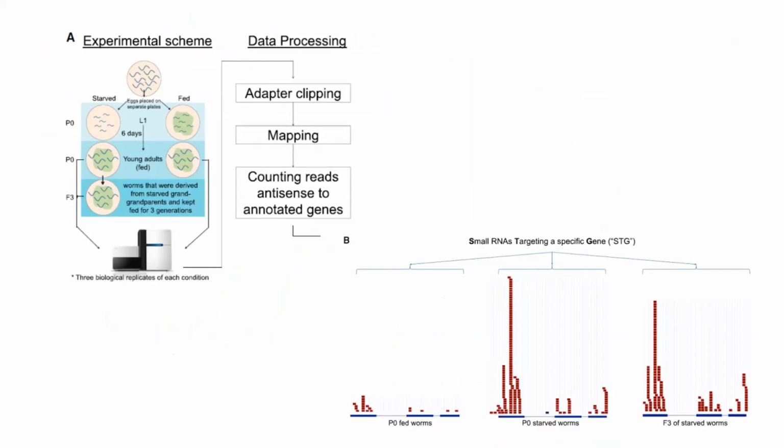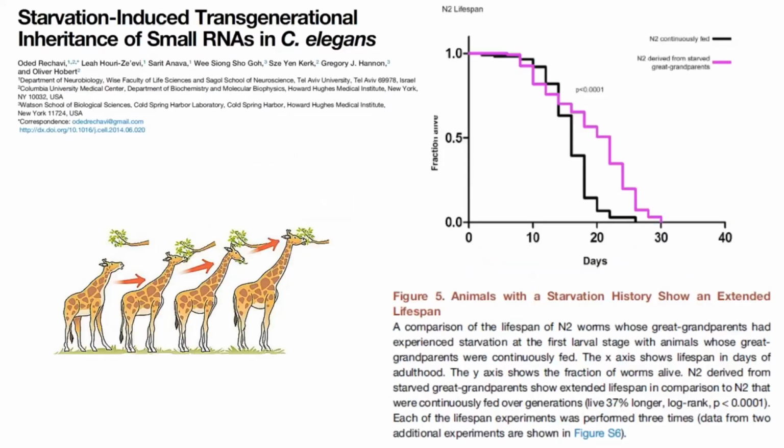So if you look at the lifespan, the comparison of lifespan of worms whose great grandparents had experienced starvation at the first larval stage versus animals whose great grandparents were continuously fed, what you see is that the starved great grandchildren of starved great grandparents live longer. They have a longer lifespan than the great grandchildren of great grandparents who were continuously fed. So whatever it was, it was heritable into the F3 generation.